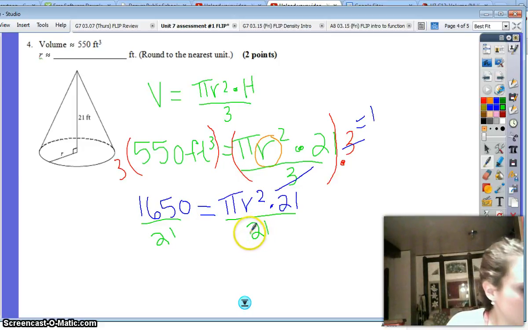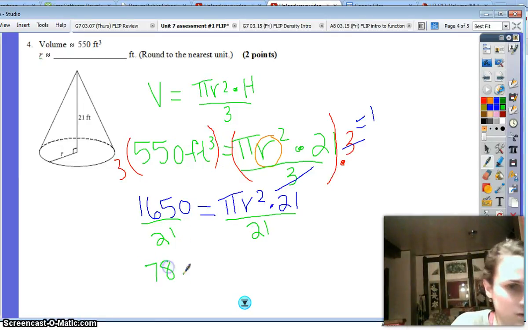1,650 divided by 21 equals, ooh, that's going to be a nasty decimal. 78.57 equals 21 divided by 21 reduces to 1 equals pi times r squared.